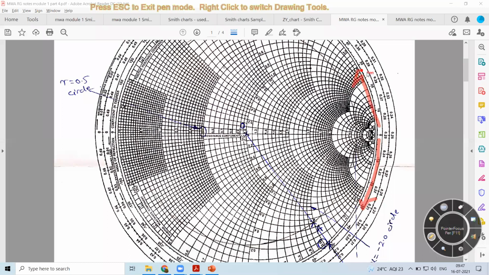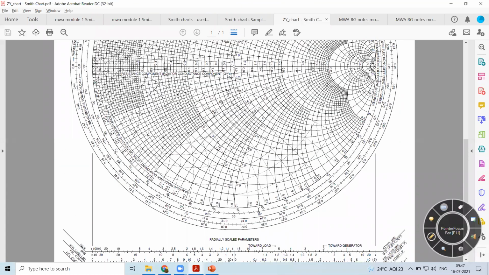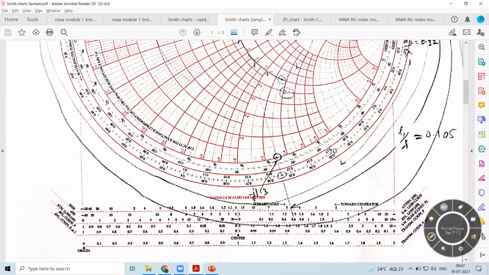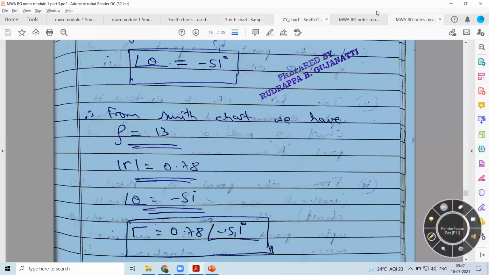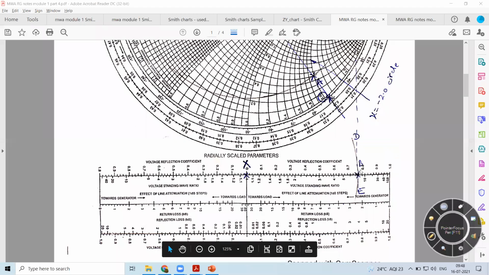If you're moving in the anti-clockwise direction, you read the angle as positive values. That is what they have specified, and you can see that even in the other charts. On this chart, when you move around and see where the angle of reflection coefficient is cutting, it is cutting at minus 51. So this gives you the angle, and this parameter gives you the magnitude of the reflection coefficient.